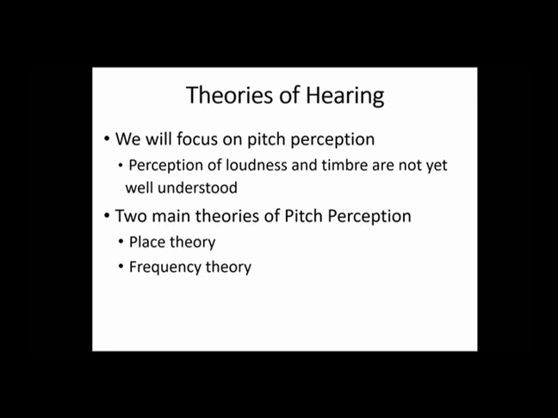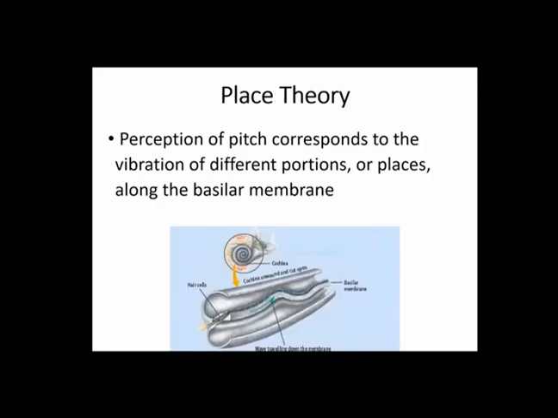So we're going to talk about two theories of pitch perception, and then we're going to call it good for hearing. So our two theories are place theory and frequency theory. And we've already kind of laid the groundwork for this just in how we've been talking about the structures. So for place theory, we're saying that pitch perception corresponds to the vibration of different portions, or different places, along the basilar membrane.